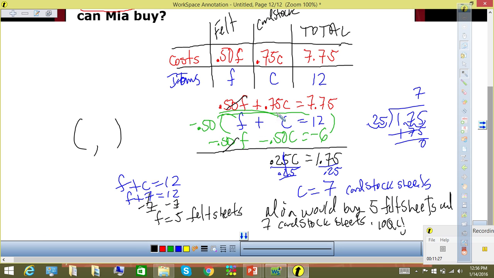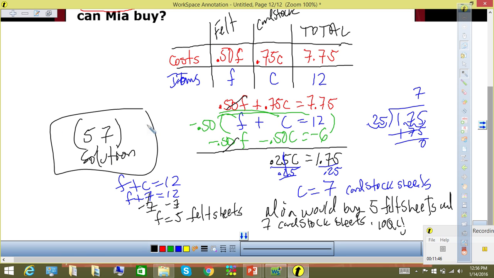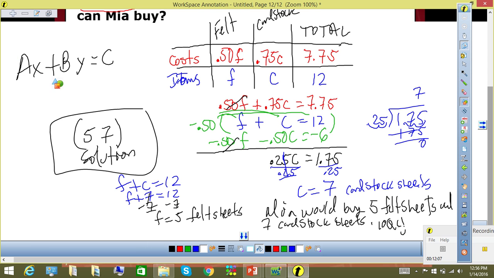That is incorrect. If this is standard form, which one represents X? Therefore, this is 5, 7. Because you always go with the one on the left being X. It is AX plus BY equals C. This is C as a constant, not C as a variable.